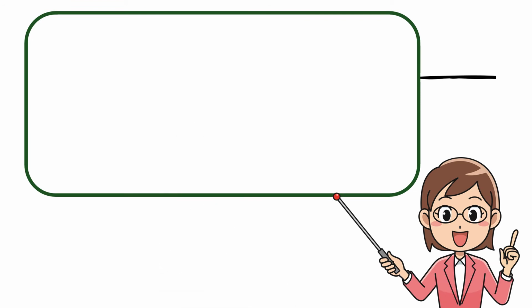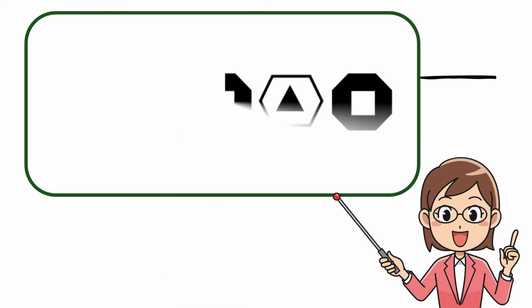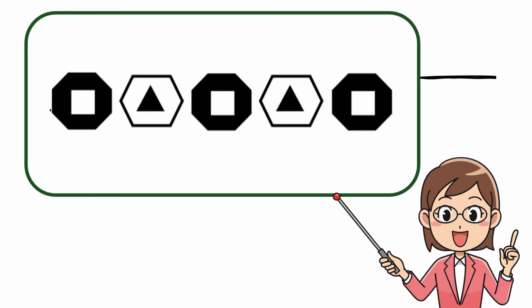The next example we have are the set of polygons. The first polygon we have is a shaded octagon with a square inside. The next figure we have is a hexagon with a shaded triangle inside.